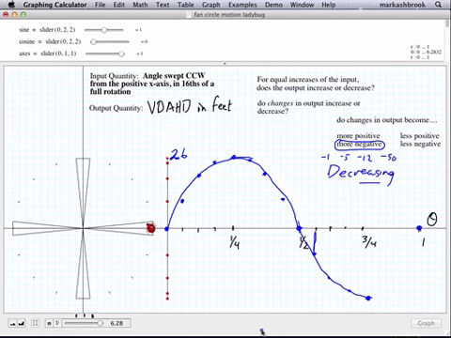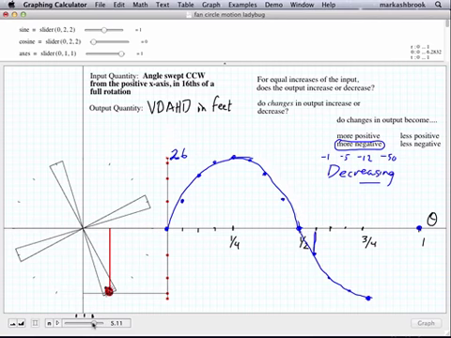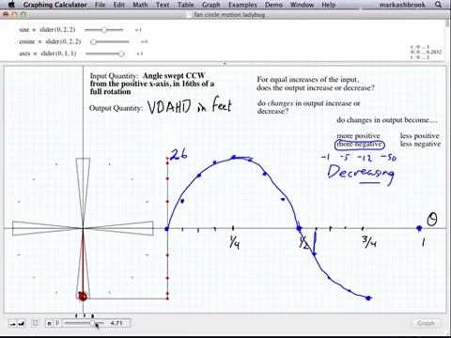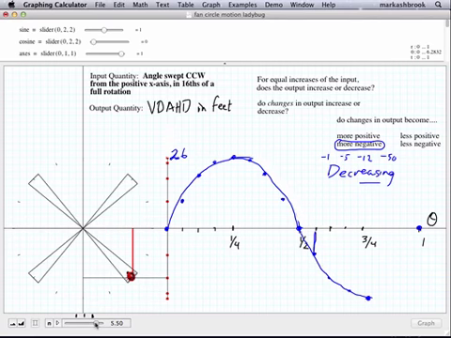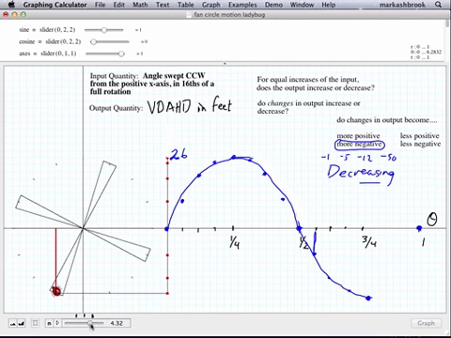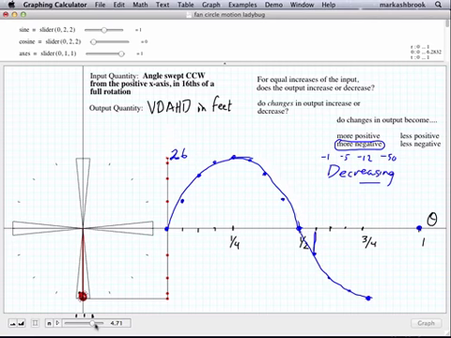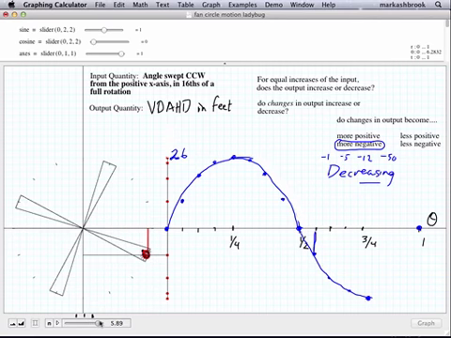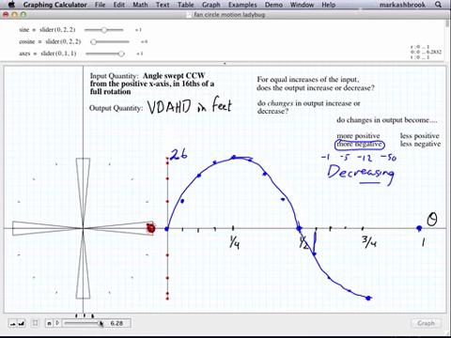The changes, which of these four do the changes do? Are they positive or negative changes? Positive changes, becoming more or less positive? Those changes become bigger positive, more positive. Therefore, the changes are increasing.